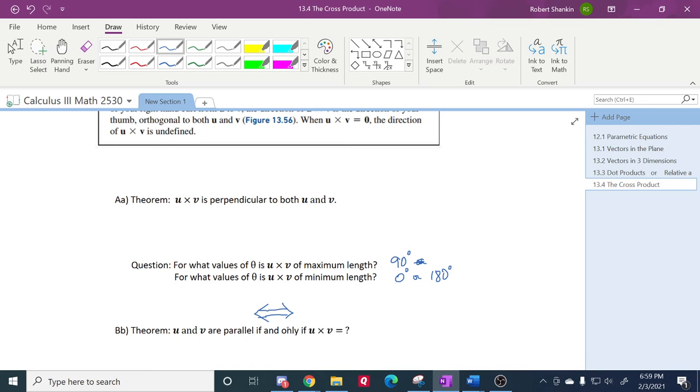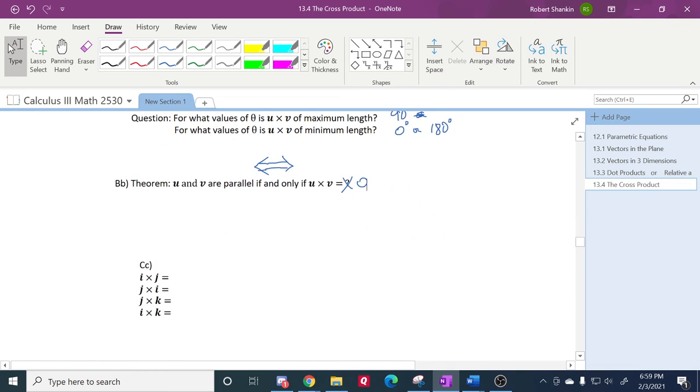So u and v are parallel if and only if u cross v is equal to, well, what number? 0. Yes, it's got to be 0. If u cross v is 0, then they had to be parallel, either going in the same direction or exactly opposite directions, 180 degrees apart. Then no turning happens, so it's a zero vector, and there's no direction to that cross product.